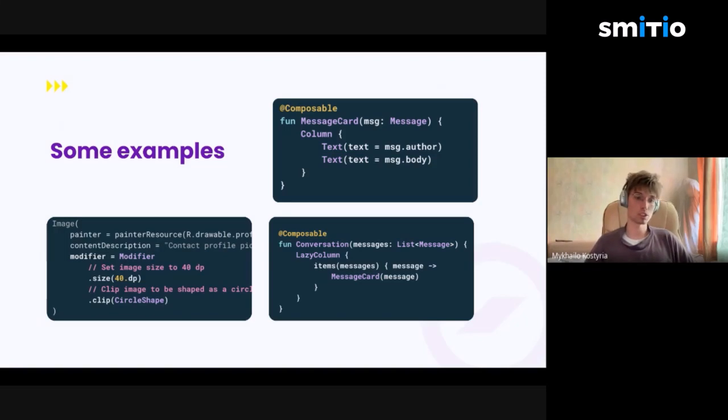All of the work is delegated to the framework, so you don't have to worry about whether it's properly recycled and stuff like that. And it also provides you with a bunch of very nice and pleasing animations right out of the box.